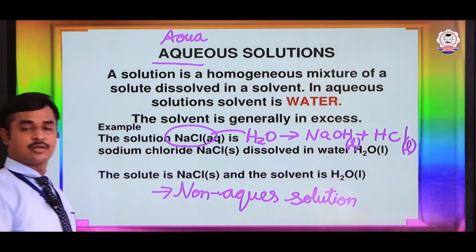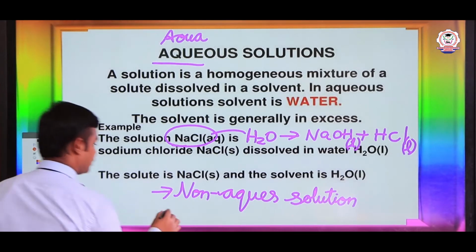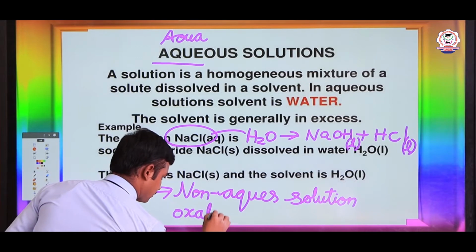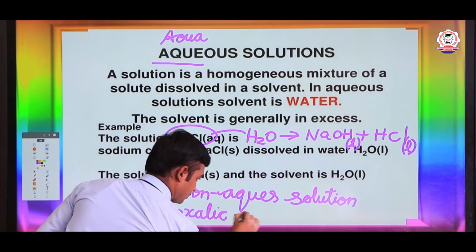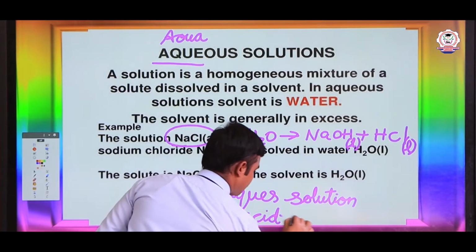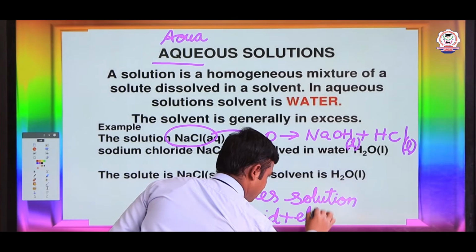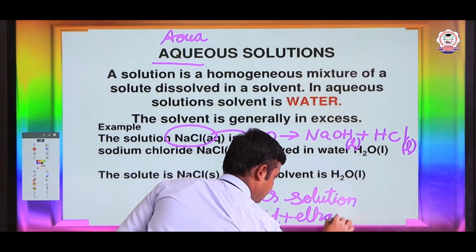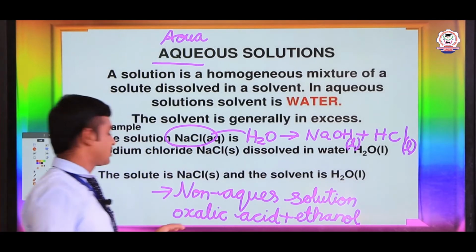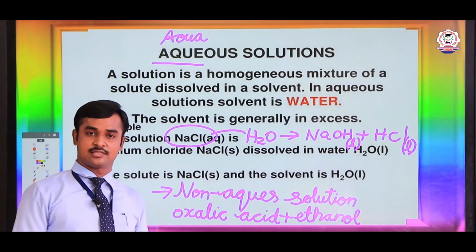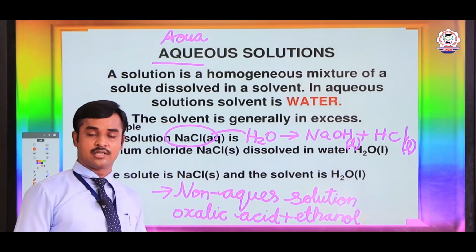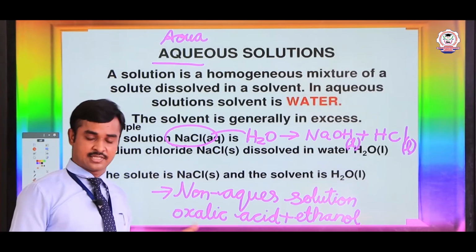One example of a non-aqueous solution is when you dissolve oxalic acid in ethanol. Note that the molecular formula of oxalic acid is COOH twice, COOH and another COOH, so double acid groups are present.